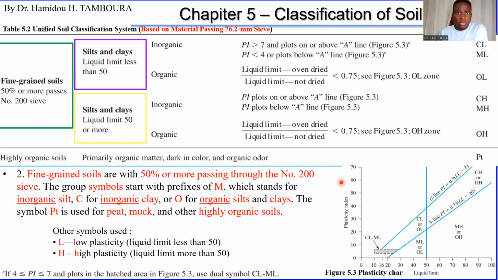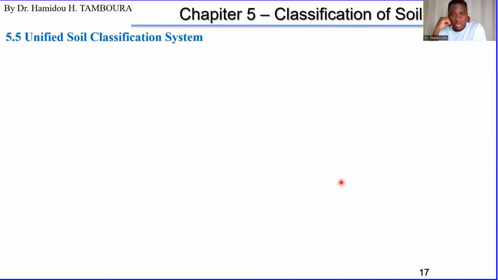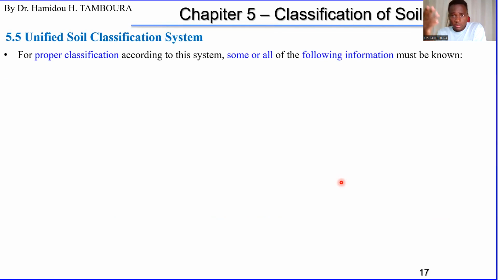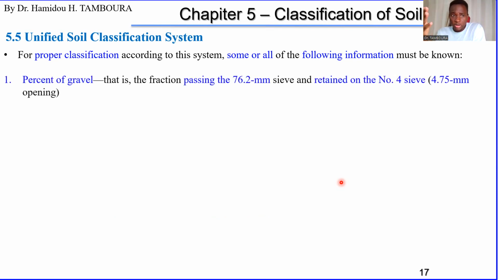So this will be the end of this second part of the classification. Technically, this is the end of this video, because this will cover everything about the classification. Just to clarify, to make this classification, you need to know the percentage of gravel, the fraction passing the 76.2 millimeter sieve and retained on sieve number 4.